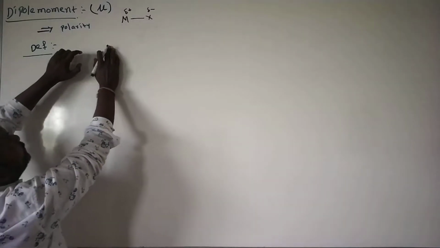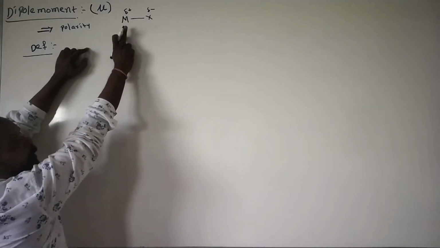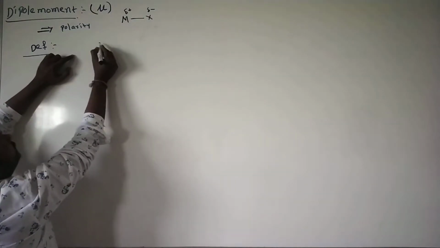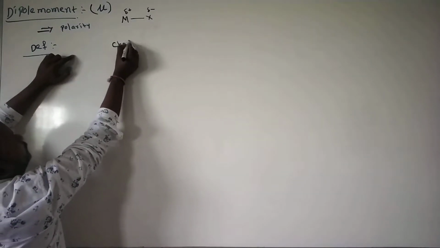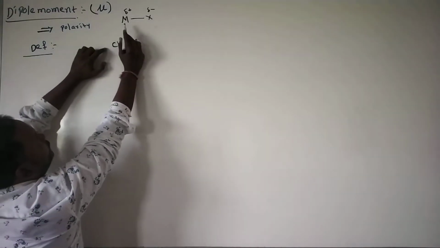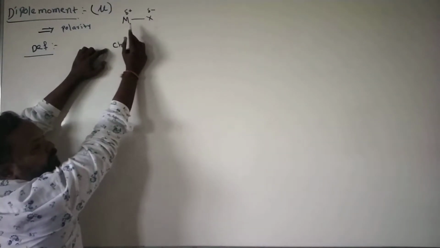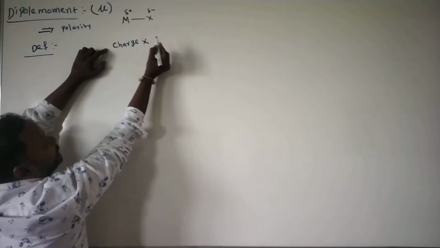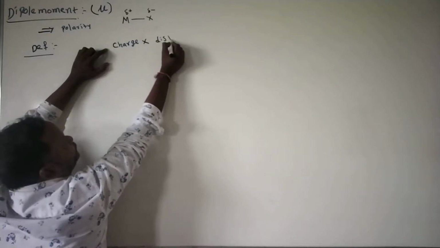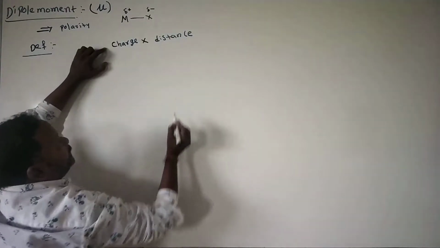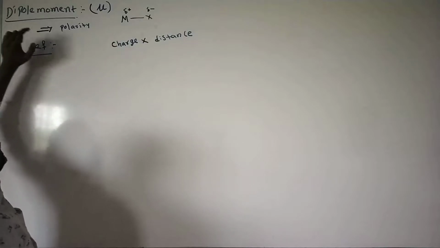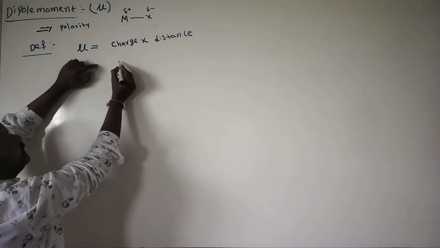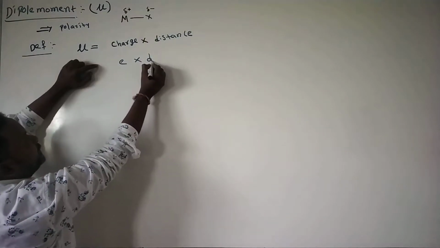Dipole moment means the product of the charge on the positively charged group or negatively charged group and the distance. Charge is indicated with e, distance is indicated with d.